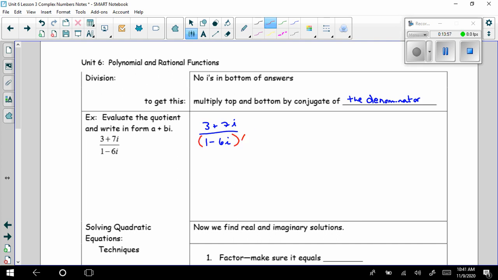So I'm going to FOIL both the top and the bottom by 1 plus 6i, and then simplify that from there. And so, again, you're just distributing. So 3 to 1, 3 to 6i, 7i to 1, 7i to 6i.